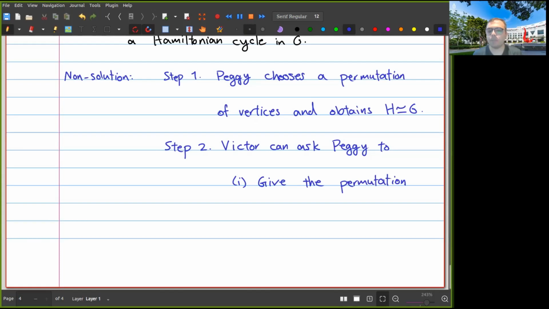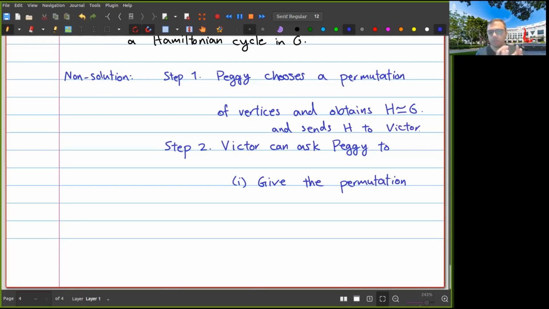So he can ask Peggy to prove that this graph H is really isomorphic to G. Oh, and I forgot to say that Peggy actually publishes H and sends H to Victor. Okay.